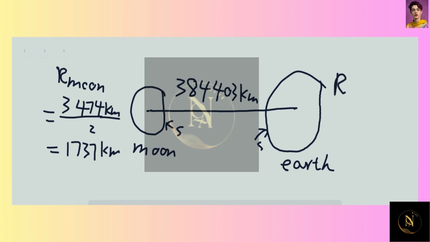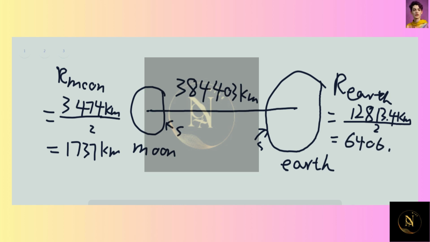The radius of the Earth: we know the diameter from the previous calculation is 12,813.4 kilometers, and if we divide by 2, we get 6,406.72 kilometers.